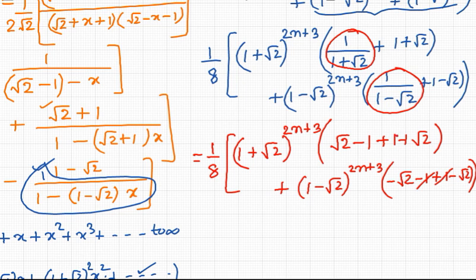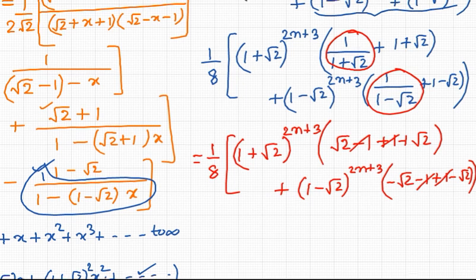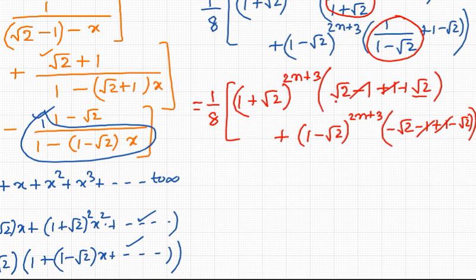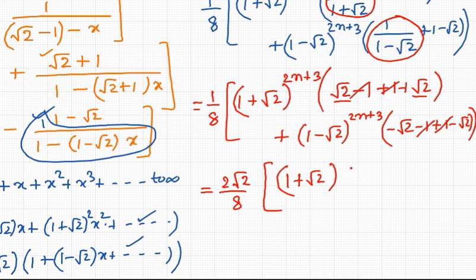So 1 cancels out, here 1 cancels out, so we have 2 root 2 common, so 2 root 2 by 8 into (1 plus root 2) to the power 2n plus 3 minus (1 minus root 2) to the power 2n plus 3.